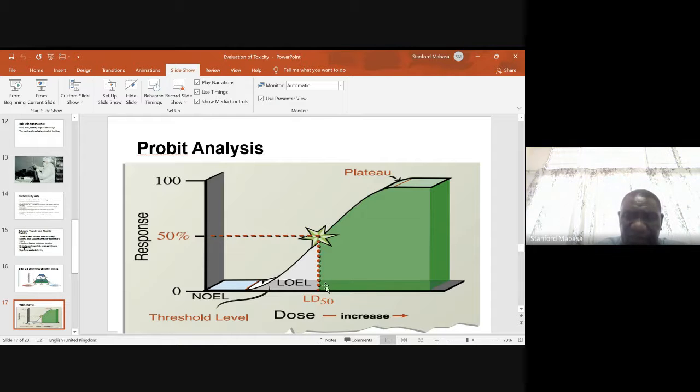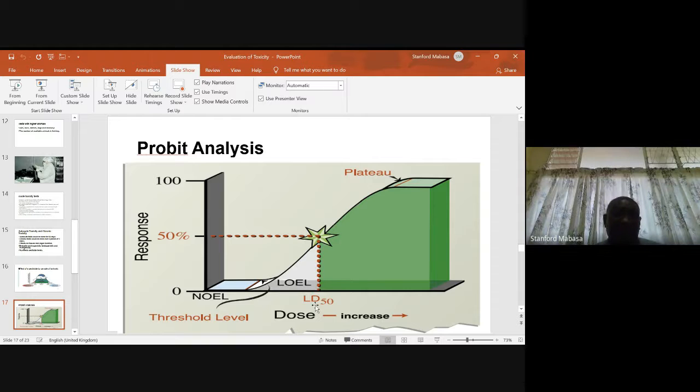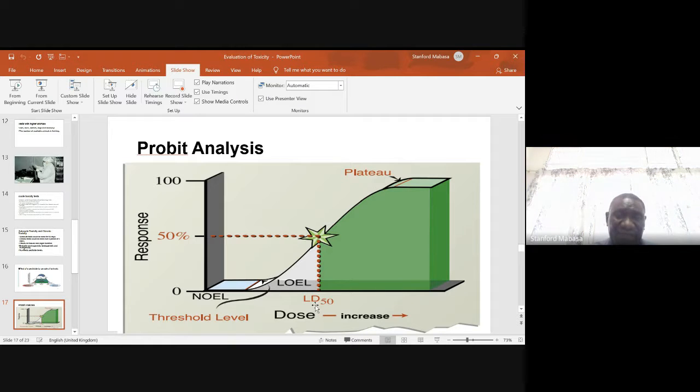This gives us what is known as the LD50. And it is the LD50 which we can use as a measure of the toxicity of a particular pesticide. So I'll get on to explain what is Probit.